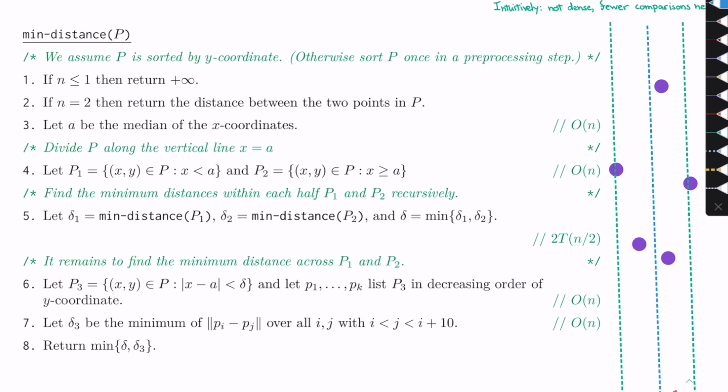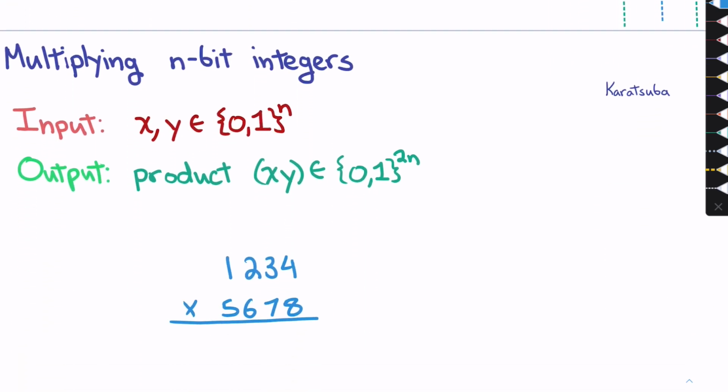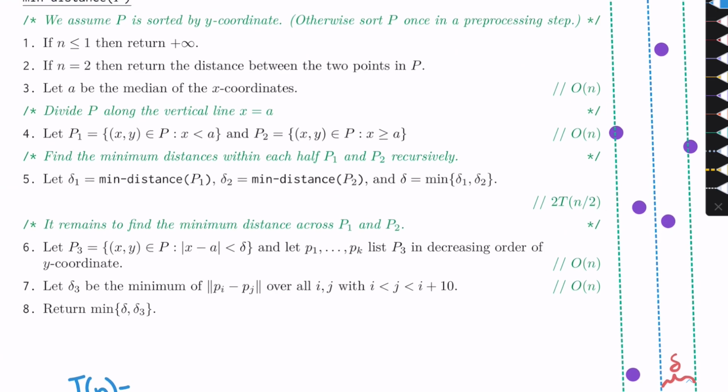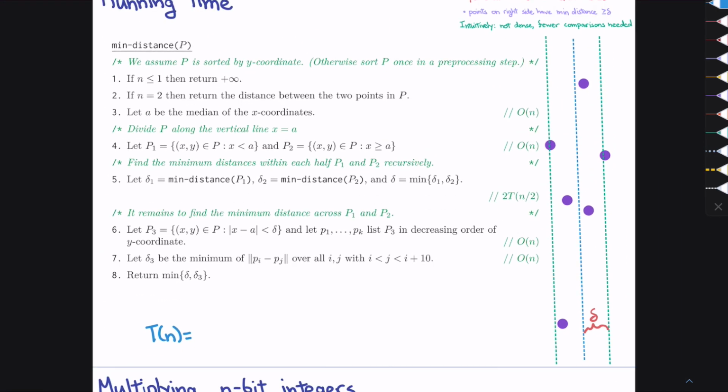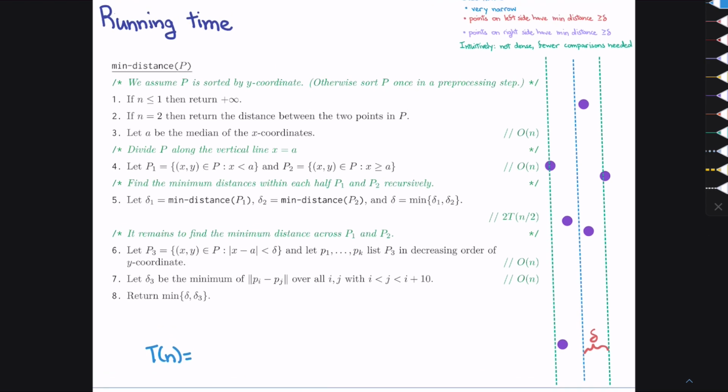And when we finally look at the running time, we're almost done. If I wanted to model the running time of this algorithm, I start at T of n. What would it be? What's the algorithm doing?